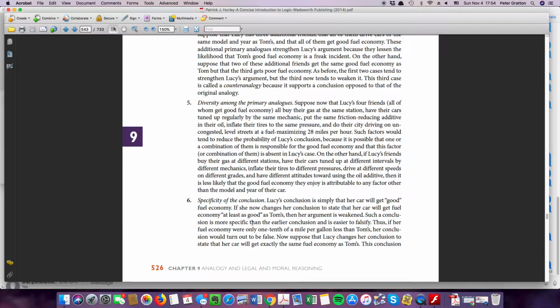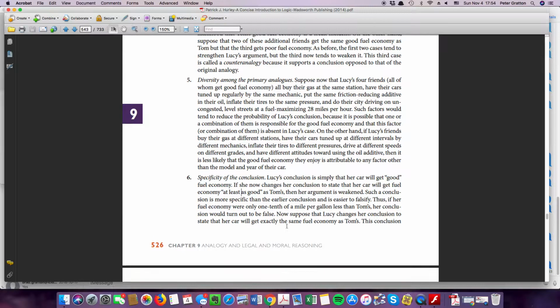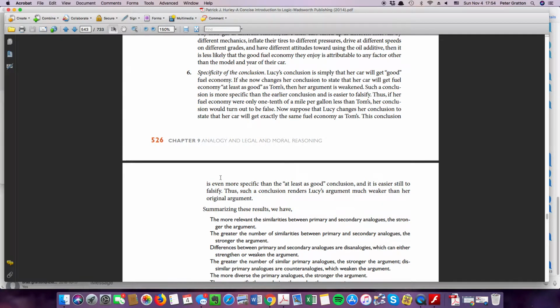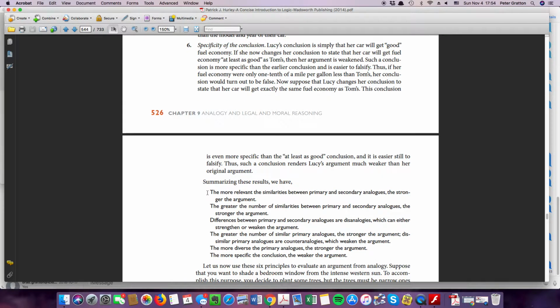But if I say it's going to get exactly the same amount of gas mileage as his car, I'm getting very specific, and that's hard to match. Okay, so analogy is about probability. And so when I make it more general instead of specific, I get a better argument. Okay? So the more relevant the similarities between primary and secondary analogs, the stronger the argument.